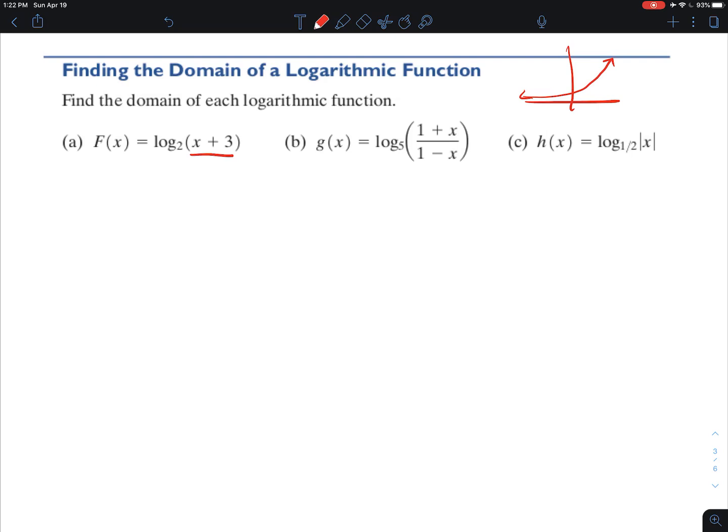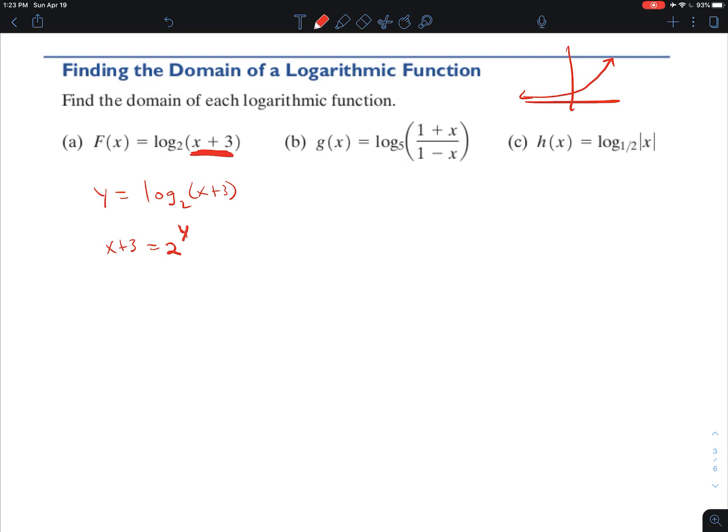The argument of the log, this right here, has to be greater than 0. And the reason that that's true is because if I have y equals log base 2 of x plus 3, let's say 2 to the y equals x plus 3. 2 to the y, this is a y, by the way.